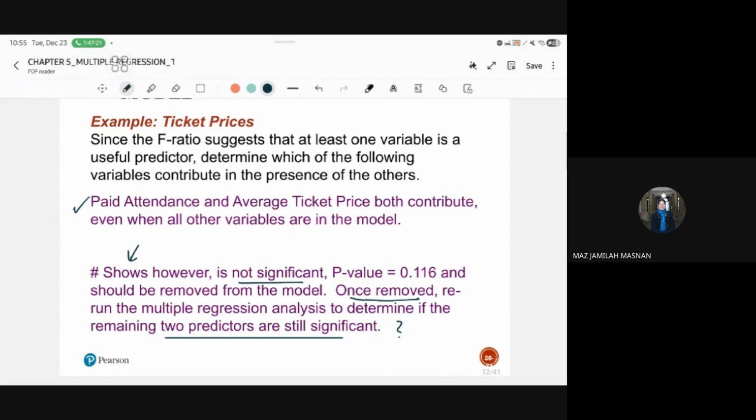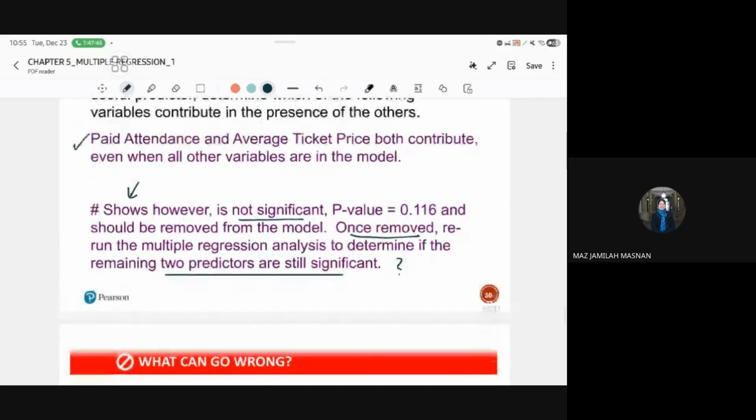So that could be a mystery if you don't rerun your model when one of the IVs is not significant. If you don't rerun the new model without the insignificant variable, you may not see what happened to your new model.